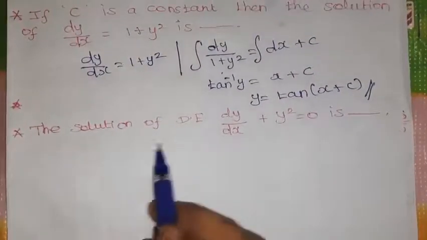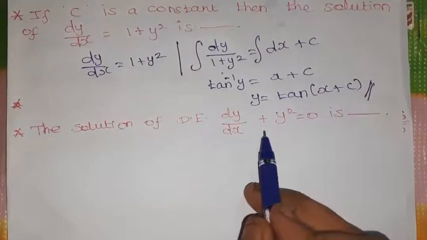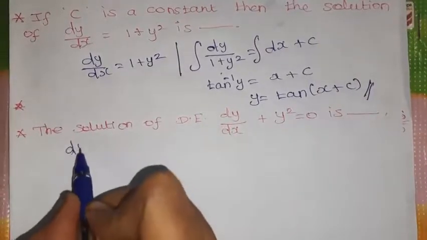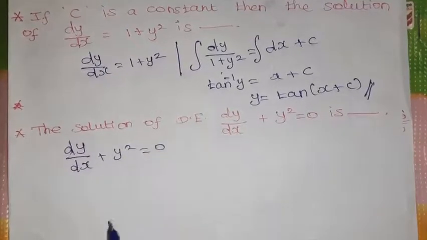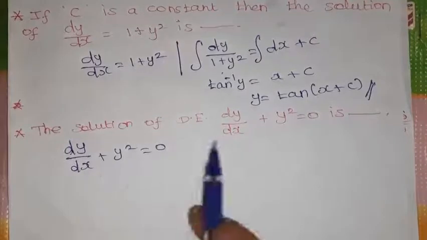What is the solution of the differential equation dy/dx + y² = 0? What is given? dy/dx + y² = 0. This is also of the variable separable type.